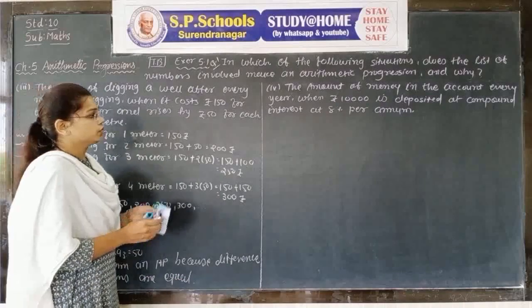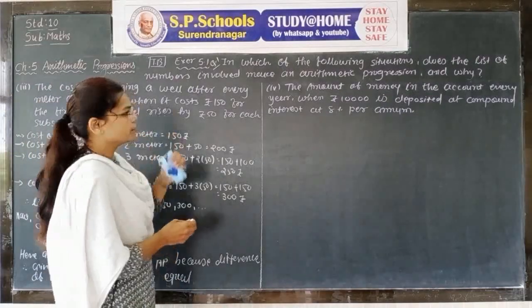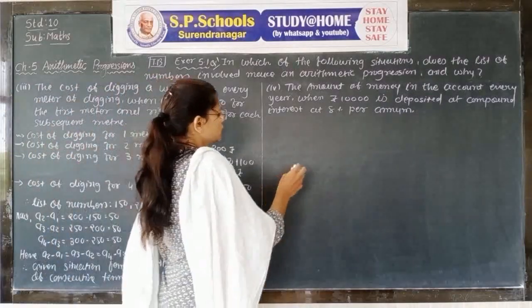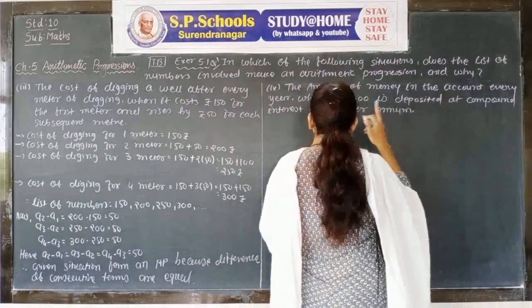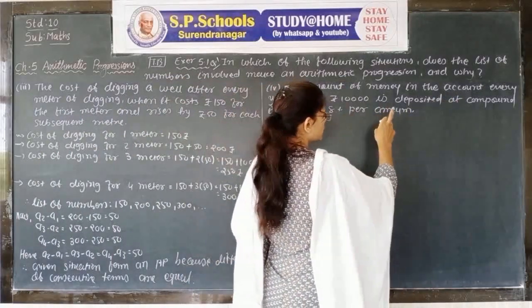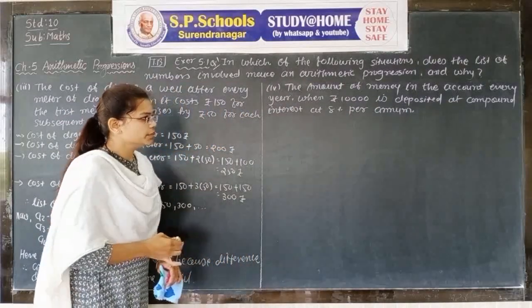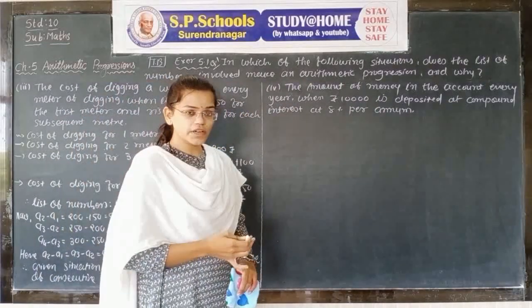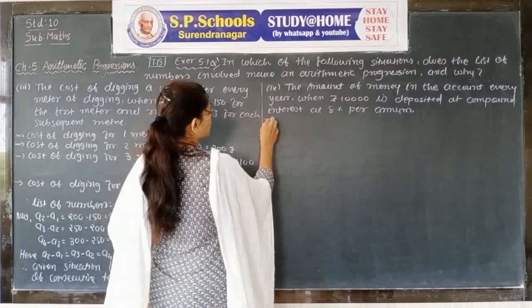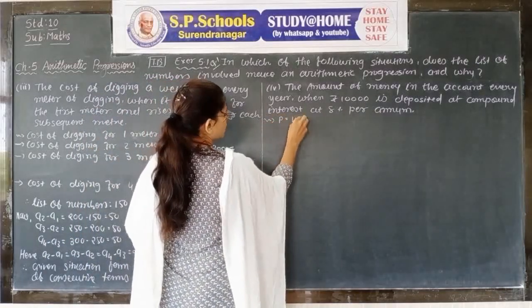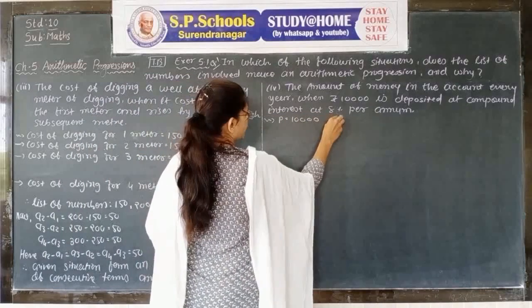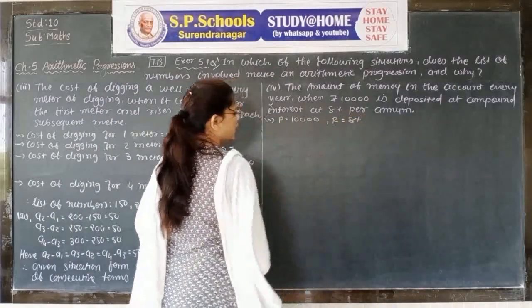Now see the fourth, the last from question number 1. The amount of money in the account every year when rupees 10,000 is deposited at compound interest at 8% per annum. Here the compound interest is given. The principal amount P is equal to 10,000. Rate of interest R is equal to 8%.